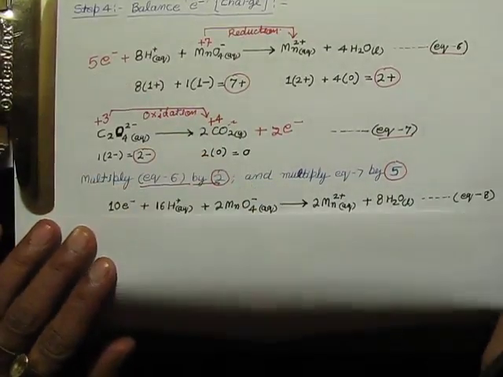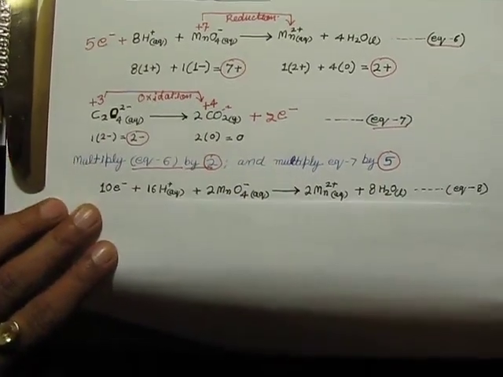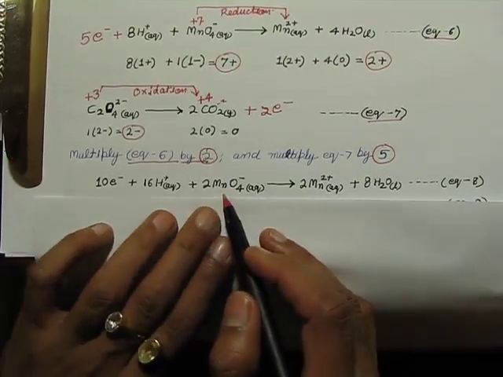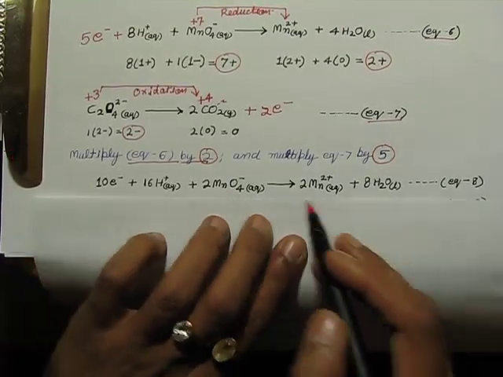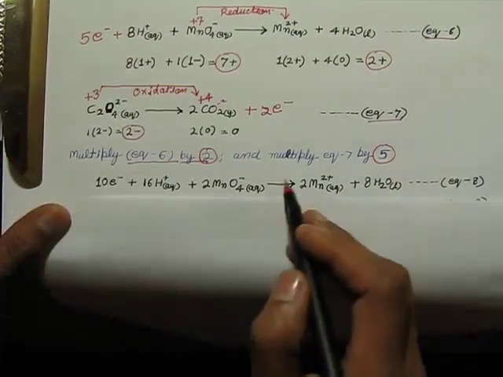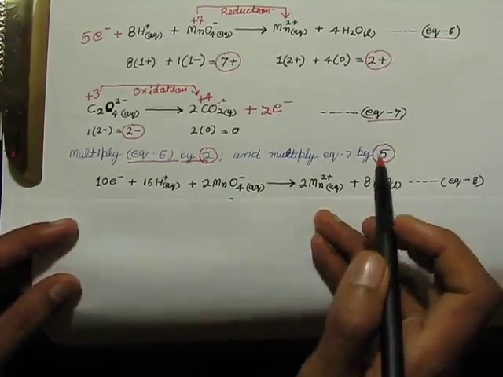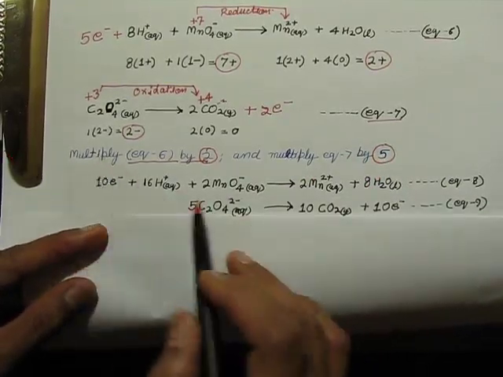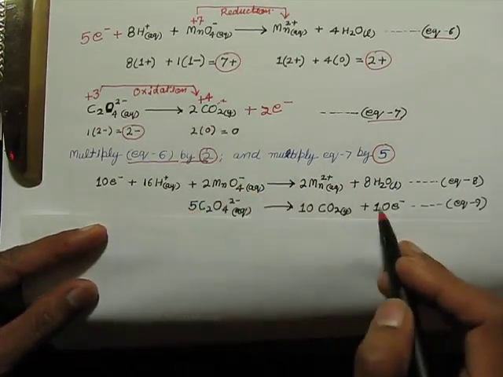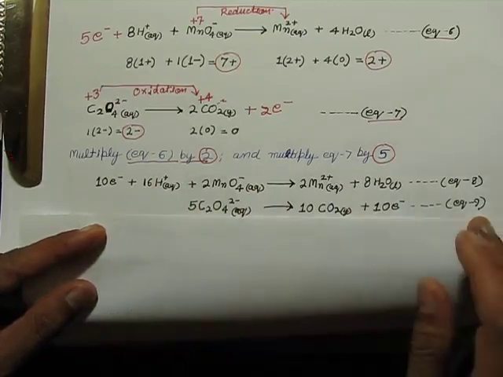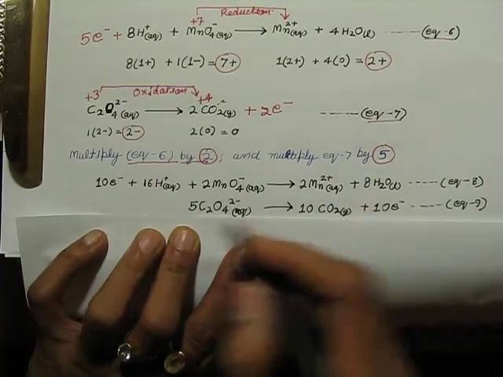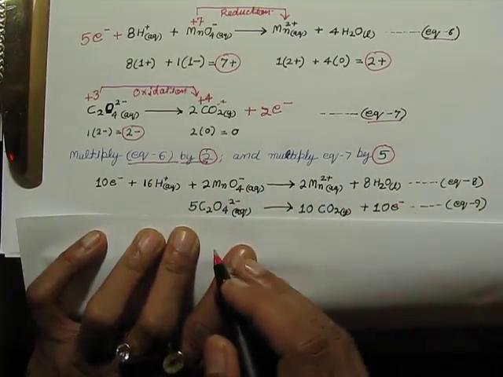Everything will be doubled, and that will be 10 electrons, 16 hydrogen, 2 permanganate ions will give you 2 manganese ions and 8 water molecules. And when we multiply equation number 7 by 5, we will get 5 oxalate ions, 10 carbon dioxide gas and 10 electrons. And now everything is balanced, charges are balanced, and each atom on every reactant and product side is balanced.